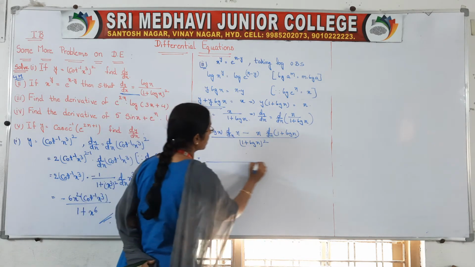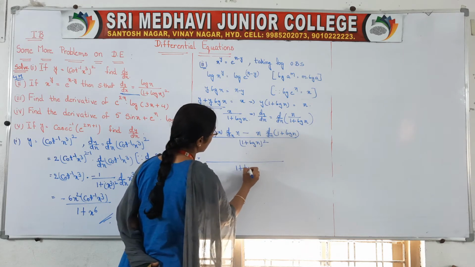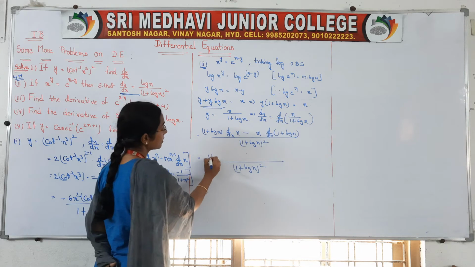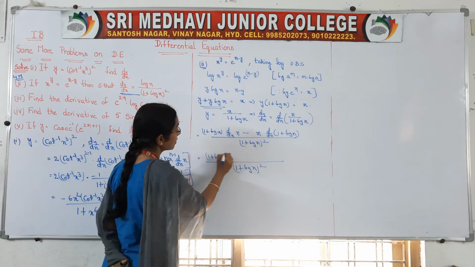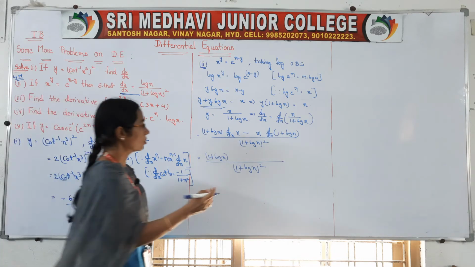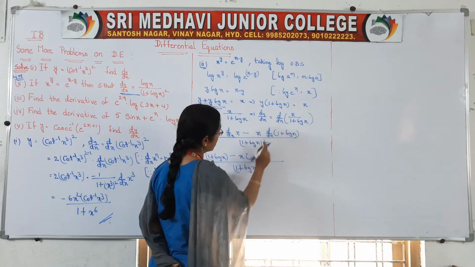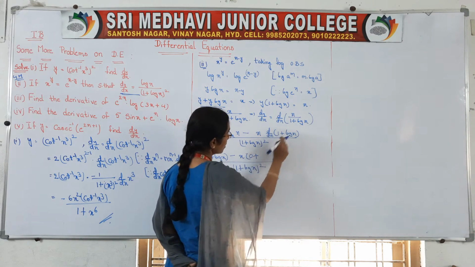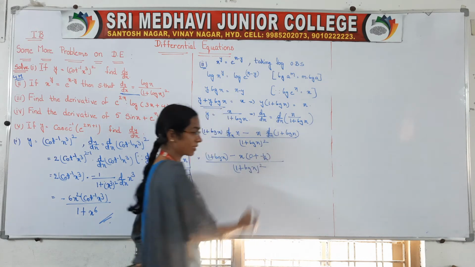Okay, so is equal to 1 plus log x whole square. This is 1 plus log x as it is into d by dx of x is 1. 1 into something is something only, minus x into d by dx of 1 is 0 plus d by dx of log x is 1 by x.